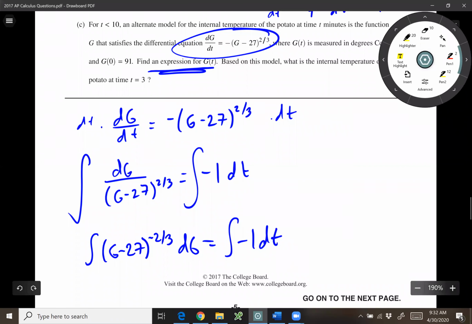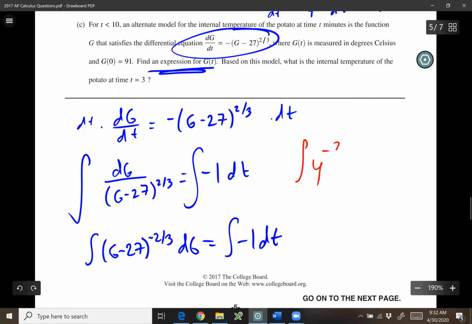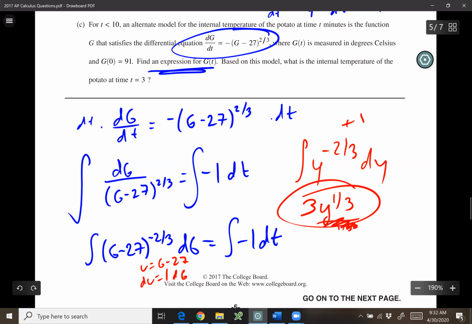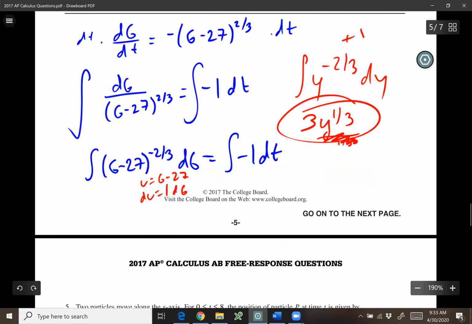The integral of y to the -2/3 would just be add on 1, y to the positive 1/3 divided by 1/3, and when you divide by 1/3, it's like multiplying by 3. This is going to be the same thing. Technically, it's u sub, because u is g minus 27, but du is 1. So remember, when the du is 1, it's just the exact same thing, but with g minus 27 instead of y. So that's a hint for you there.